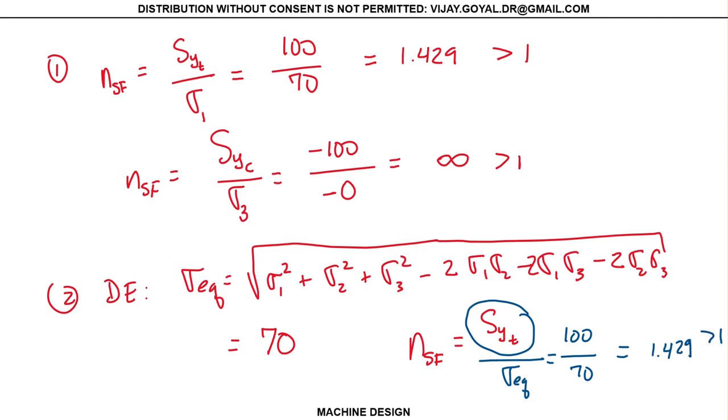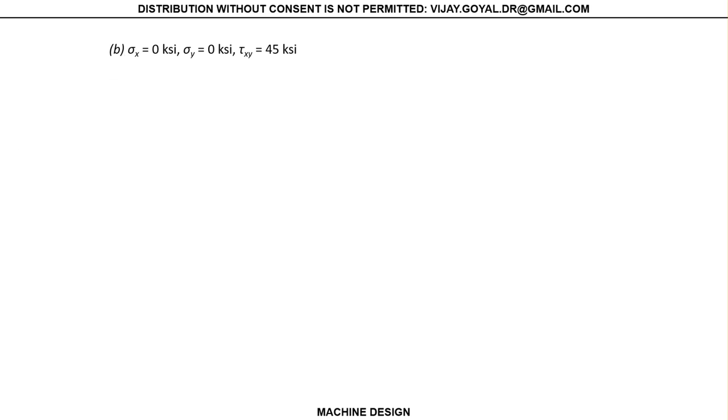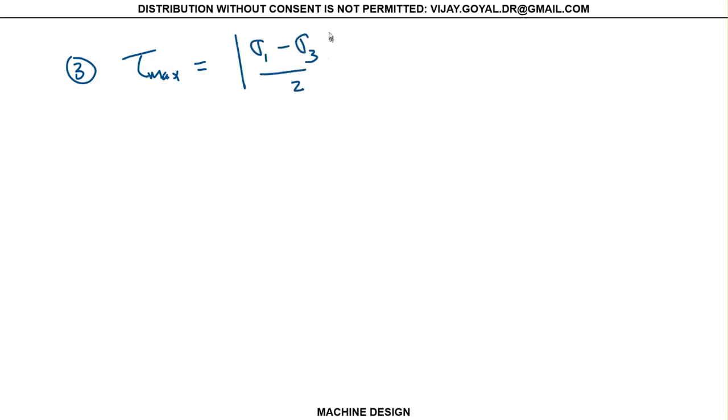We are safe. The third case that we want to do is the case of tau max. Okay, so I find tau max, the maximum shear stress theory tells you this is absolute value of sigma 1 minus sigma 3 divided by 2. I plug in the values, I find the value of 35 KSI.